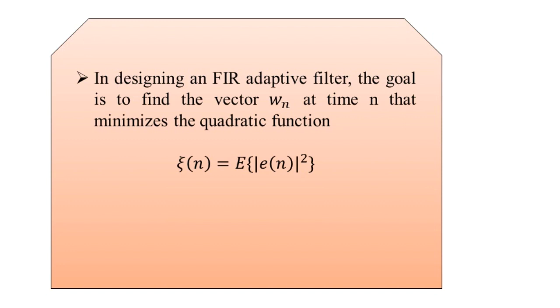For minimization, one way is to set the derivatives of zeta of n with respect to the conjugate of w of k equal to 0. But another approach is to search for the solution using the method of steepest descent, and that is our current topic here.